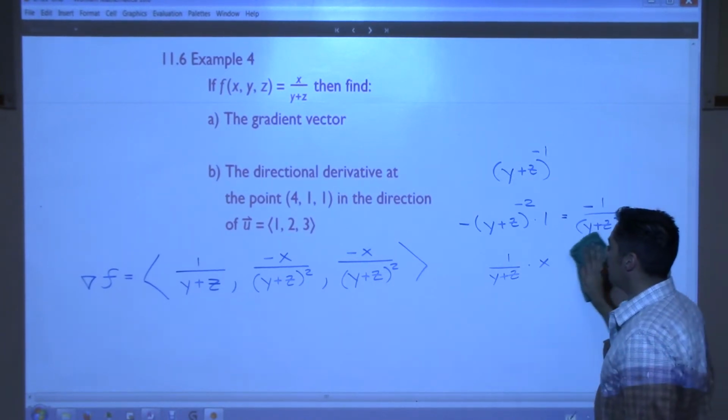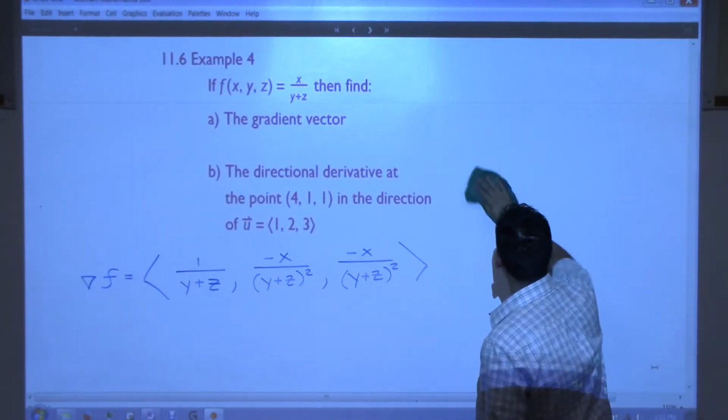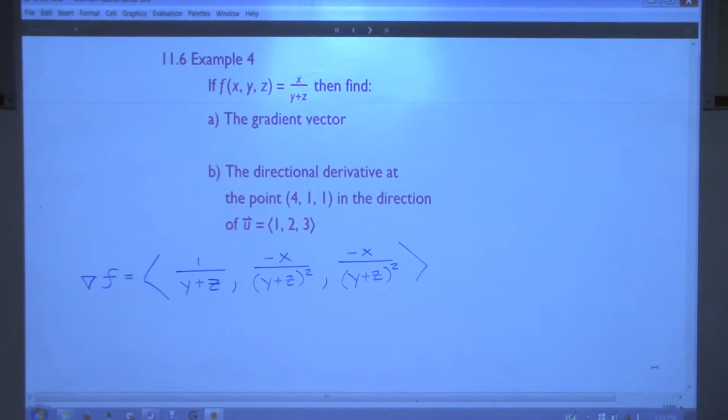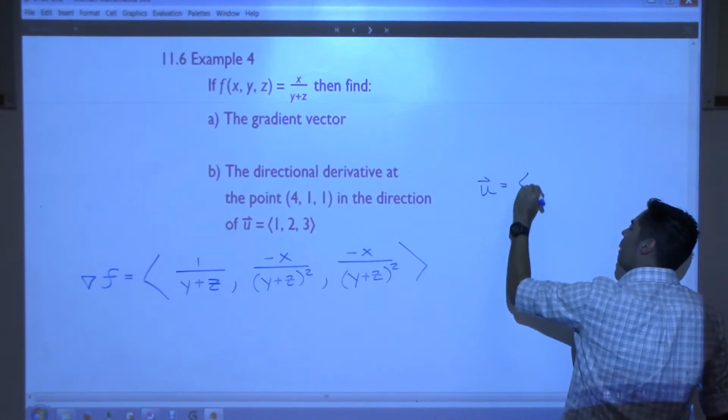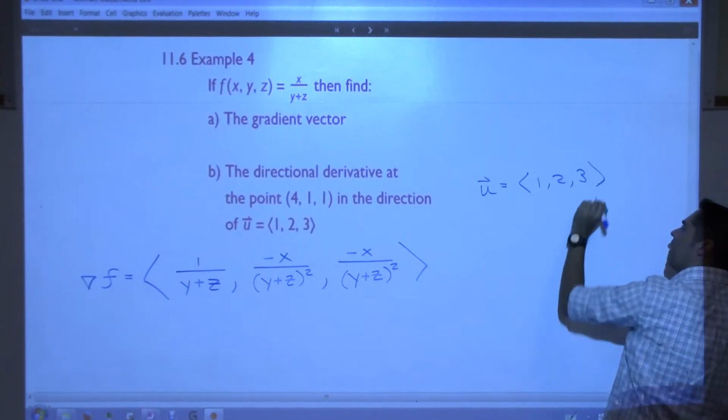Now what we need is the directional derivative at the point 4, 1, 1 in the direction of u. Did anyone get that part yet? So what did you do? You looked at u and had to make sure it was a unit vector, which it wasn't, right? So you found its length.